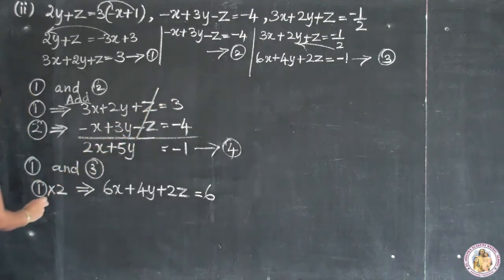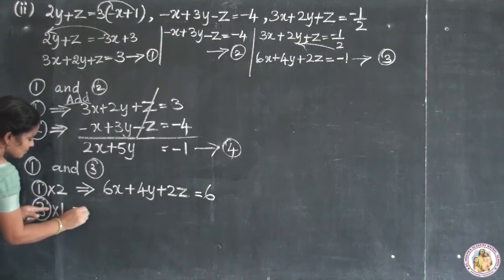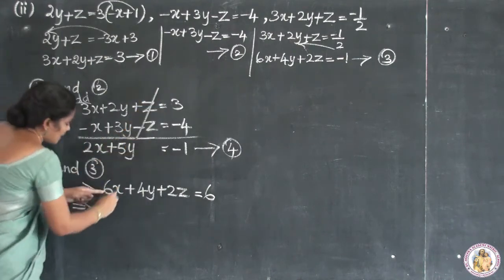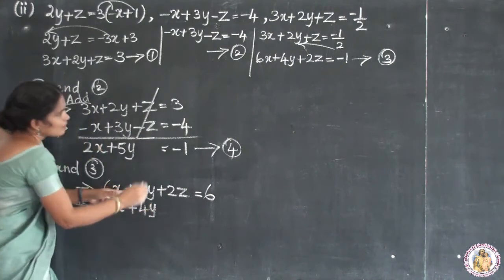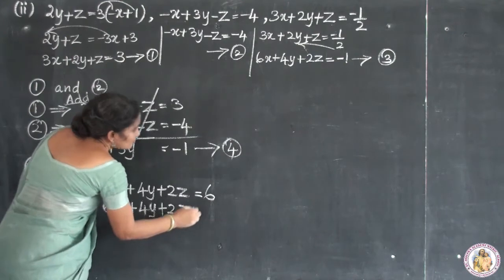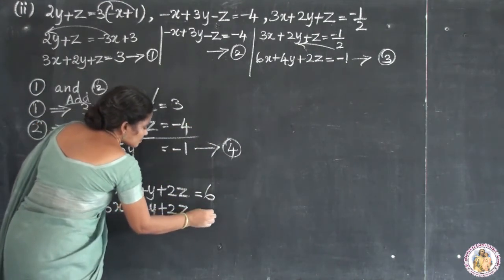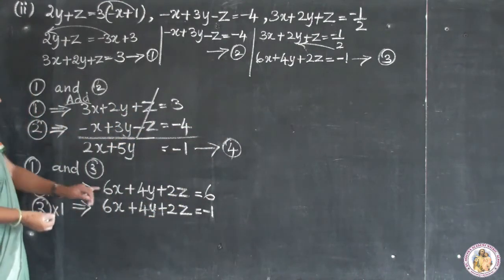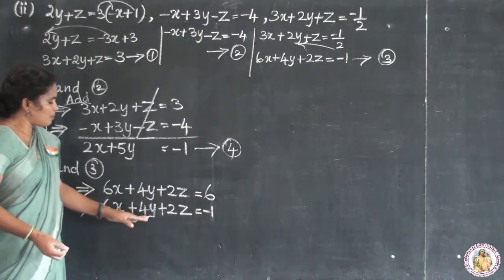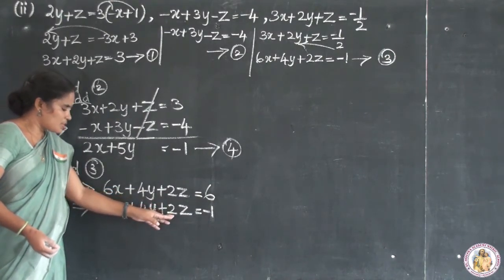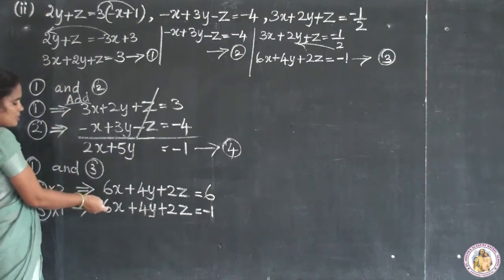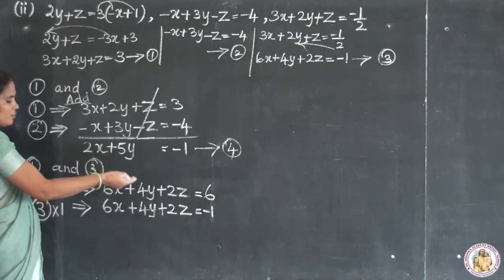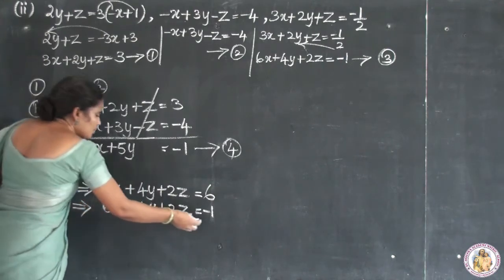And taking the third equation, you can see 6x plus 4y plus 2z. If you add, you will be getting all the variables together, that is 12x, 8y and 4z. So we can't solve.